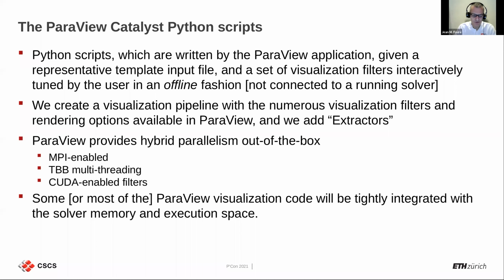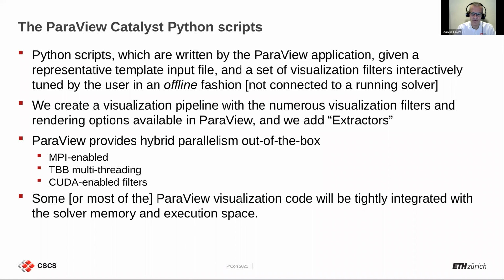So, for example, you run your simulation at a lower spatial resolution, which you can afford to save to disk. You save to disk one sample of data. You read it with ParaView. You fine-tune your visualization.